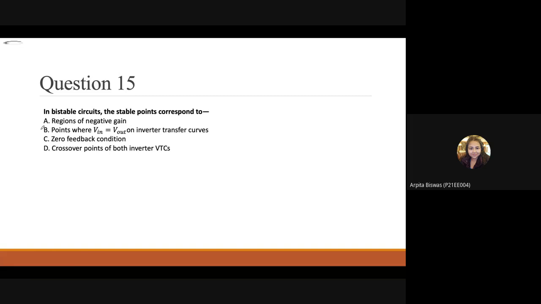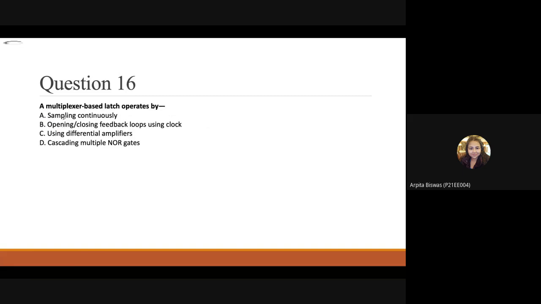So the right answer is option B: points where the V input equals V output on the inverter transfer curve. Next question is question number 16.